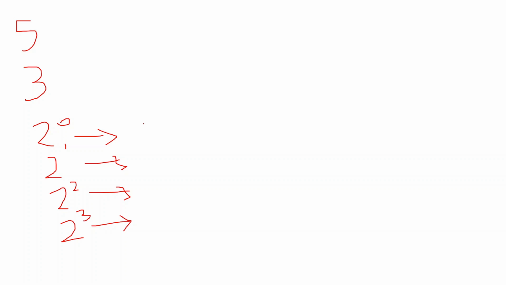So 2 raised to 0 is 1, 2 raised to 1 is 2, 2 raised to 2 is 4, 2 raised to 3 is 8. Now we need to put these numbers in descending order: 1, 2, 4, 8. If there are many numbers we can put 16, 32 and so on, but these numbers are very small, so it will be inside this range only.